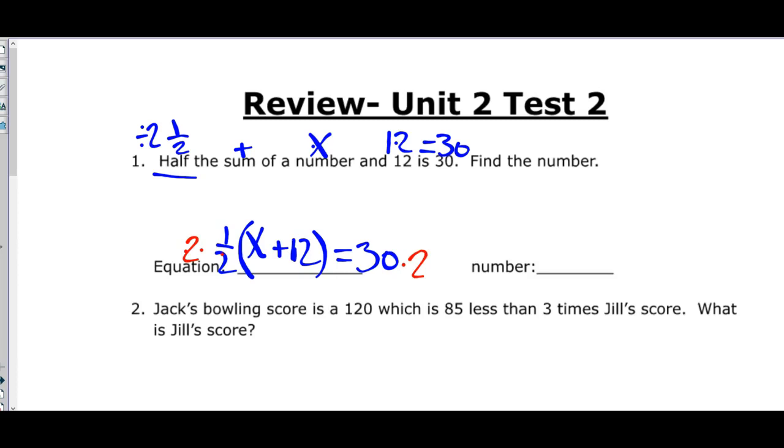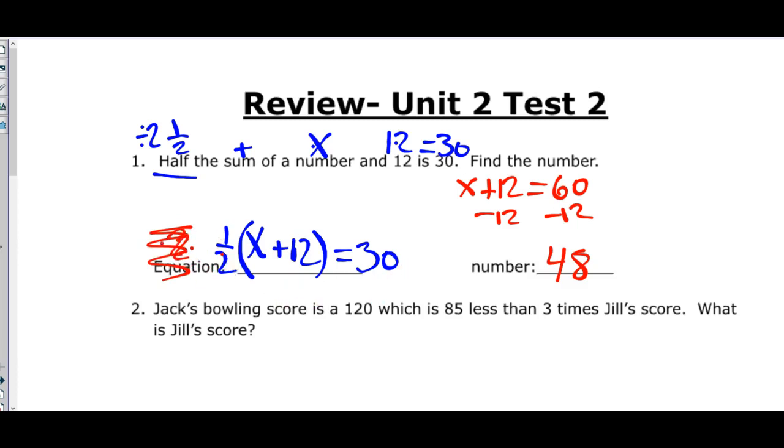That leaves me with x plus 12 equals 60. And now I just have to minus 12, and you get 48 is the number. The blue is the equation, the red would be me solving. There's your answer for number 1.